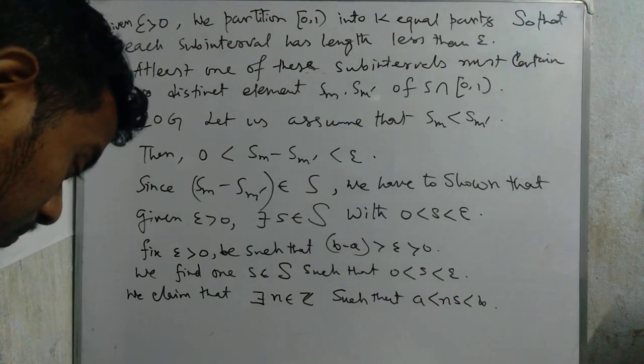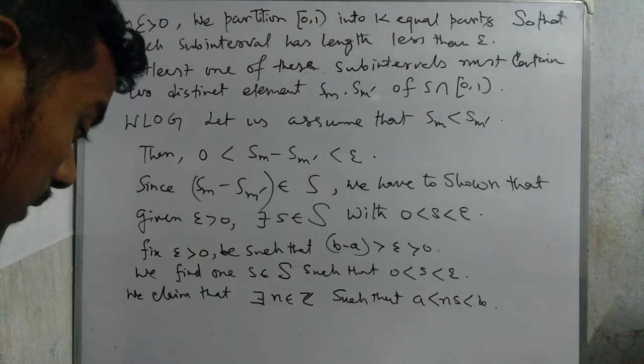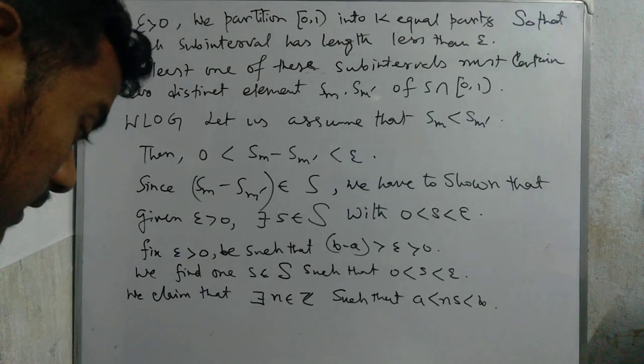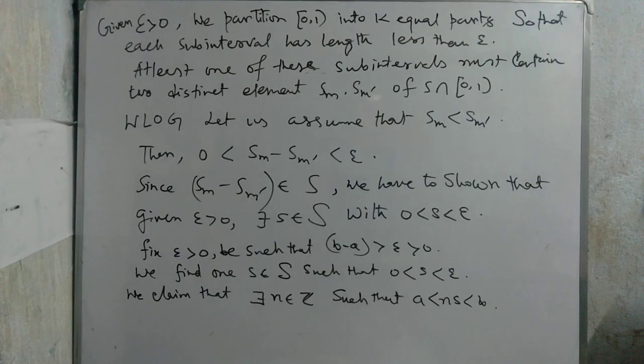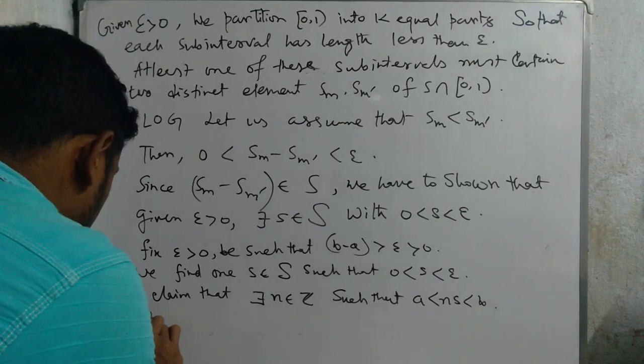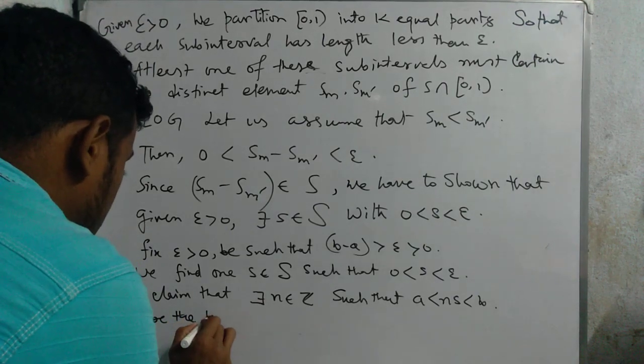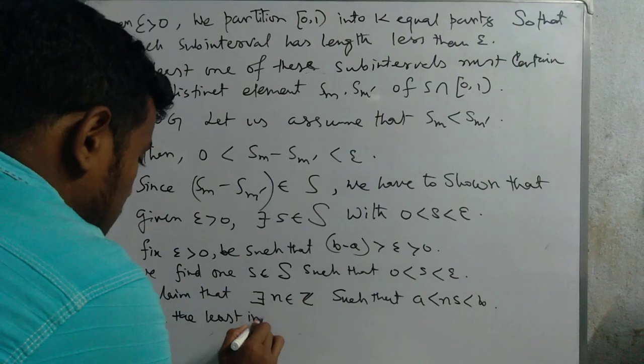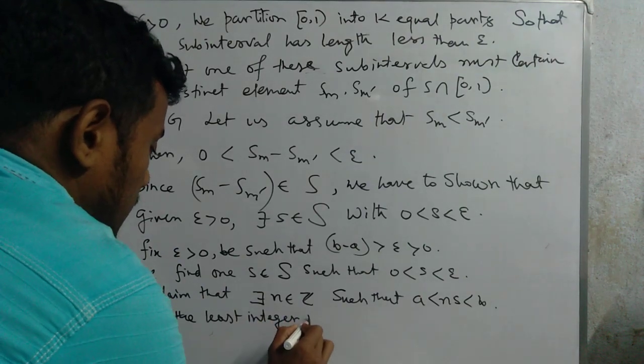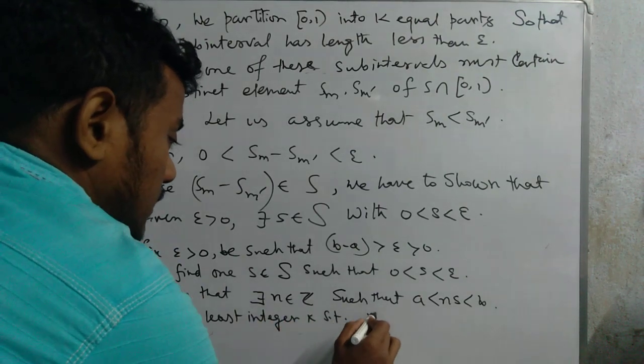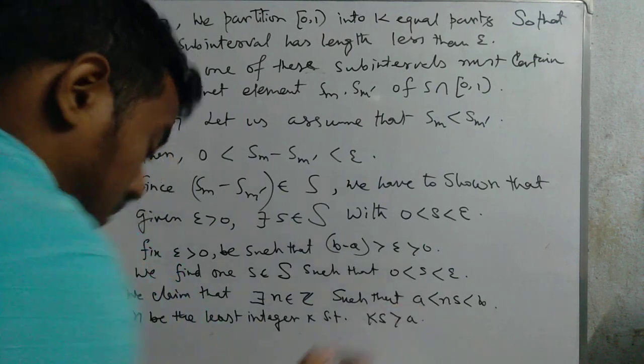Okay, now let n be the least integer k such that ks is greater than a.